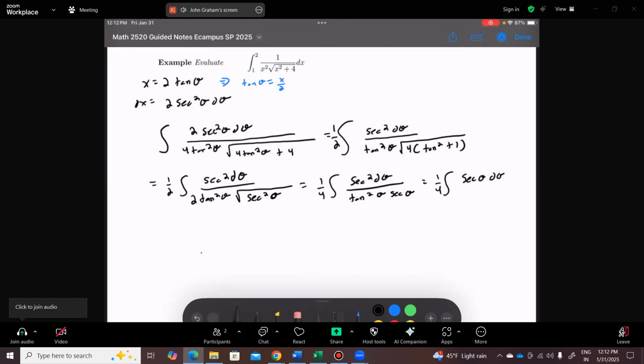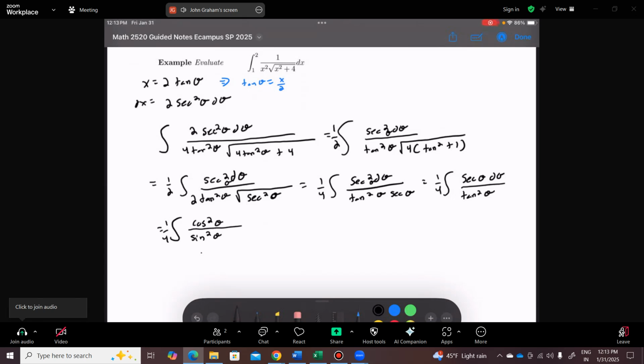I missed the theta a couple times. Over tangent squared theta. Now this one will probably be easiest to solve by bringing it back to sine and cosine. So tangent is sine over cosine. That puts sine squared theta on the bottom and cosine squared theta on the top.